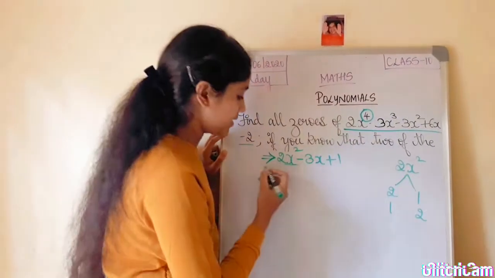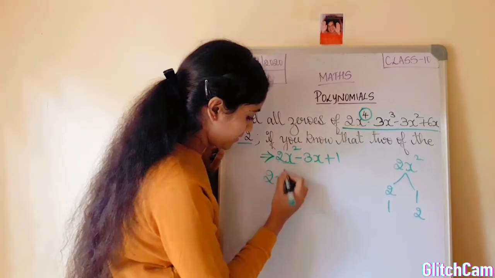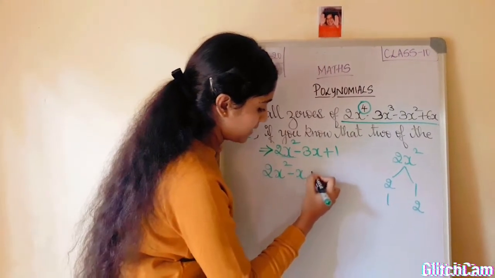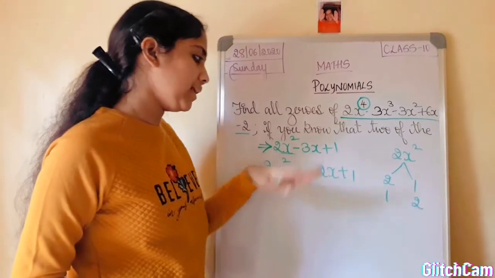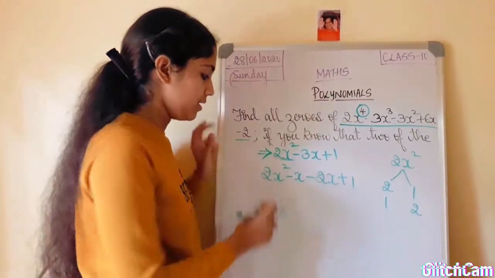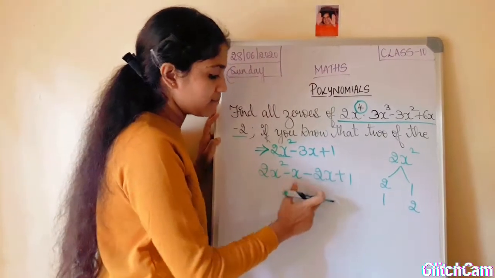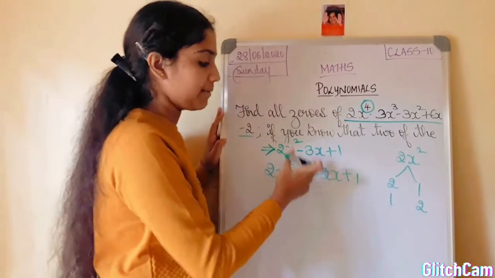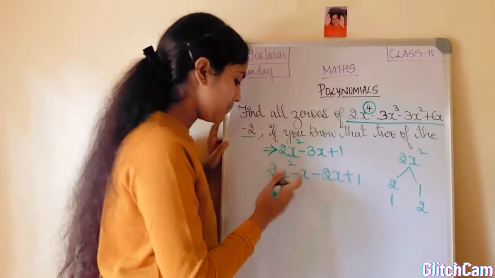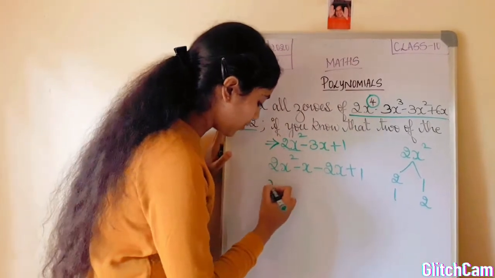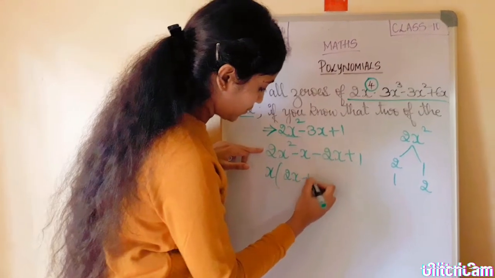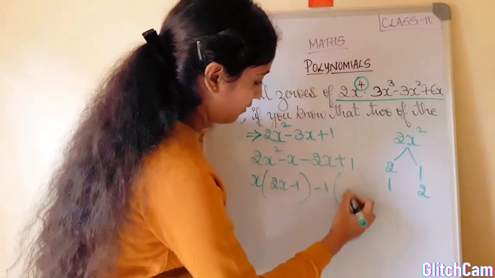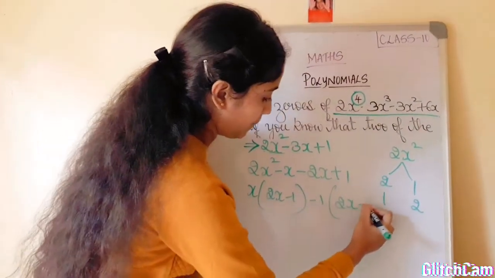Okay, now you can write that as 2x square minus x minus 2x plus 1. Now see, there should not be any change in the previous step if you do this. 2x square minus x minus 2x is minus 3x. You are getting back the previous step. So yes, this is correct. Now take common. You get x of 2x minus 1, minus 1 of 2x minus 1.